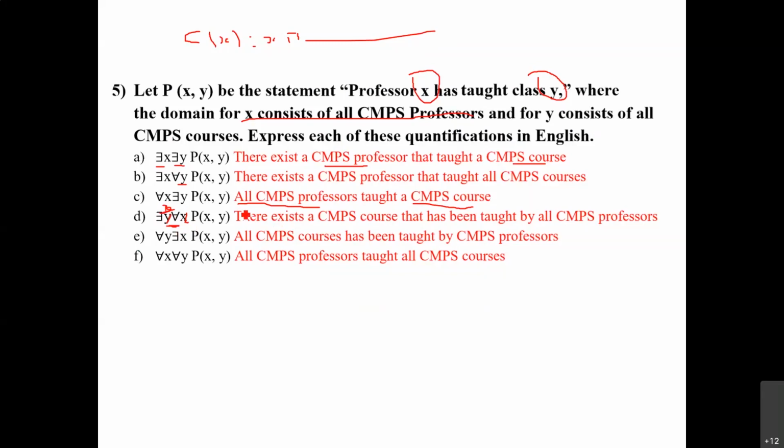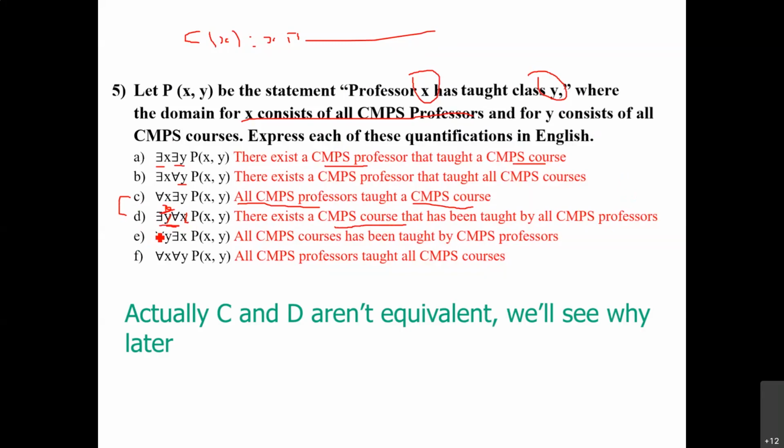So there exists Y. So there exists a CMPS course that has been taught by all CMPS professors. So C and D are kind of equivalent, right? We just flip the for every Y and there exists X. It's kind of like a trick. So they're the same but different wording. All CMPS professors taught a CMPS course. There exists a CMPS course that has been taught by all CMPS professors.